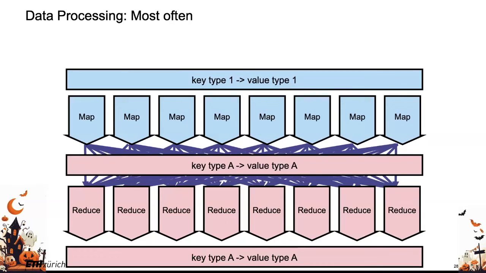All right. Very often, I would say in 80% of the cases, but not always, you use the same key and value types for the intermediate values as for the output values. The reason is that the reduce function is typically just aggregating the values corresponding to a key. For example, it's computing the sum or the count or the mean or the max or the average of all the values that are associated with the key.